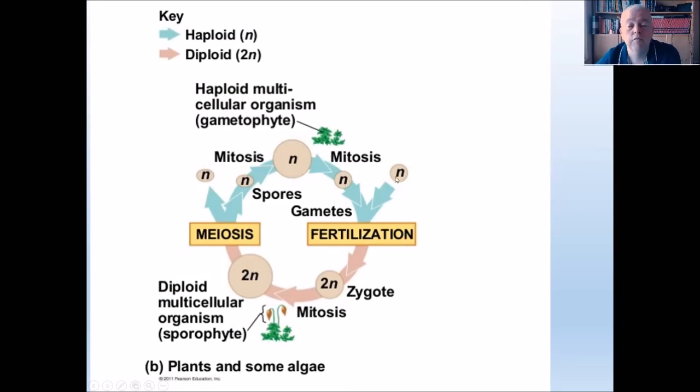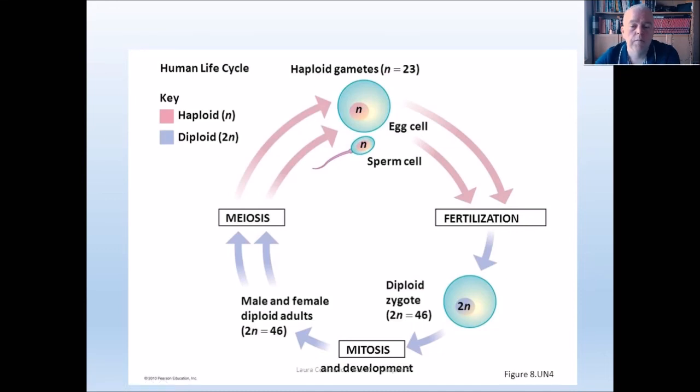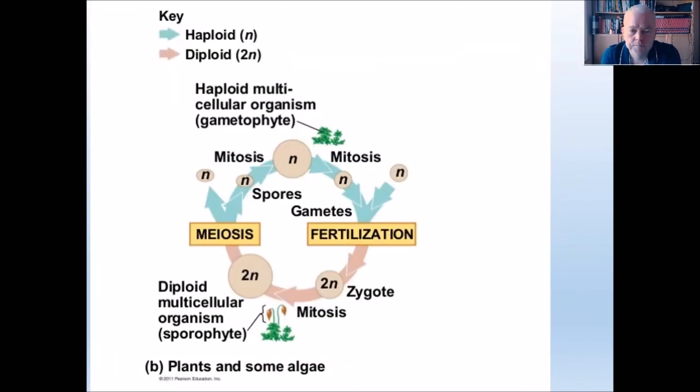Those gametes can fuse together to bring about fertilization, again back to a zygote. So the difference with humans is that here we've got a multicellular haploid organism and a multicellular diploid organism, whereas with humans we don't. We've got quite simply the production of haploid gametes and a diploid multicellular organism. So you do get some differences.